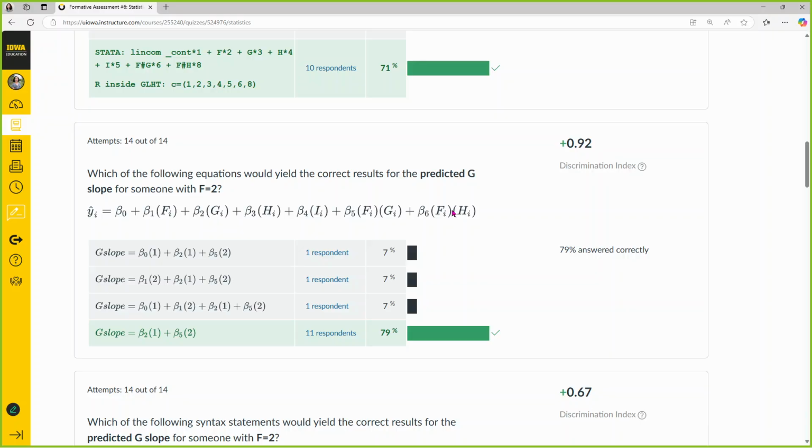Or how about 0 through 6, or 1 through 6 to match our betas? Which beta do we want to include because we're trying to find the G slope? Yeah, beta 2, exactly, because it has a G in our term.